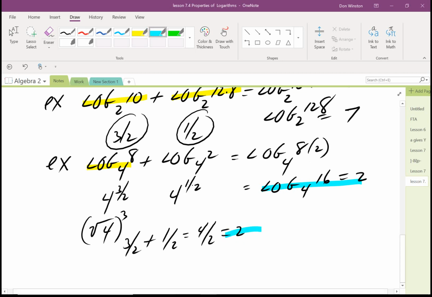So actually, I guess we could have done this one, but you would have had to recall from last trimester that 4 raised to 3/2 is the same as the square root of 4 raised to the third, and 4 raised to the 1/2 is the square root of 4, which is 2.